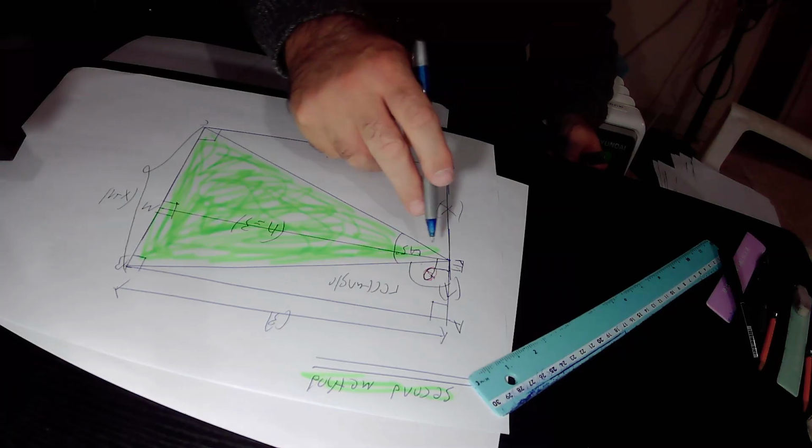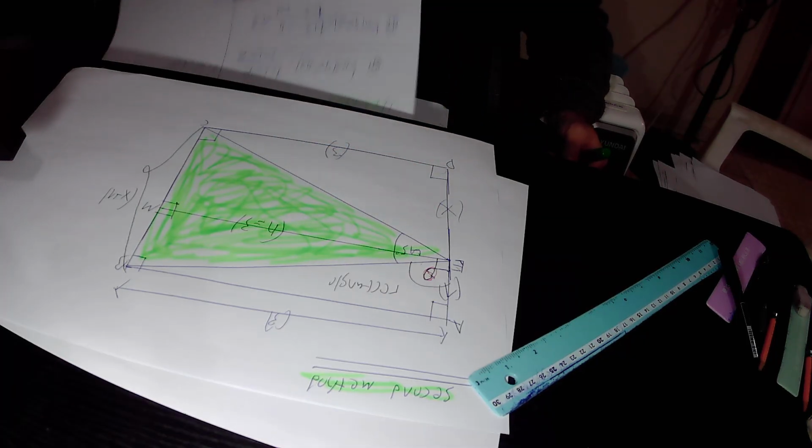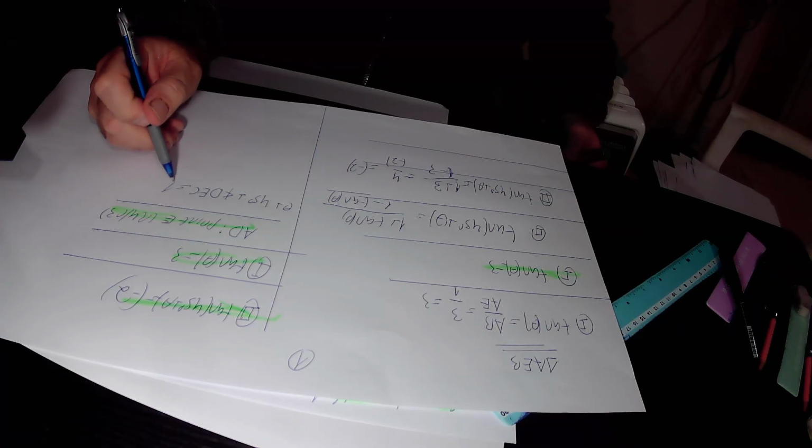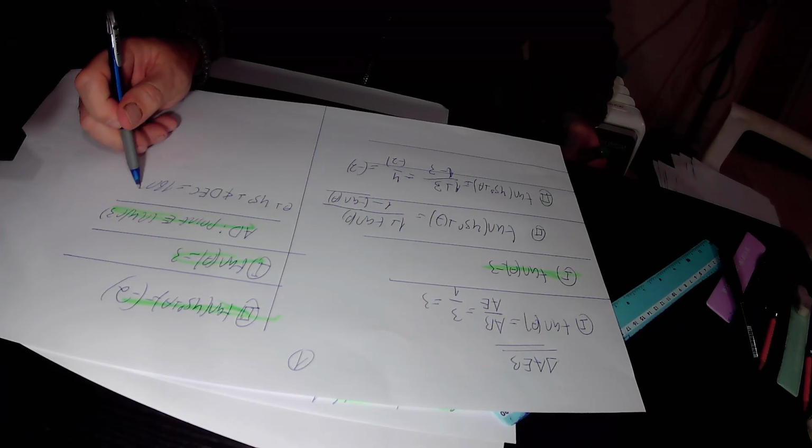In total, the sum of those angles must be equal to 180 degrees according to rule 3.